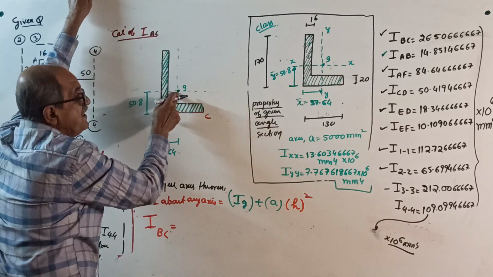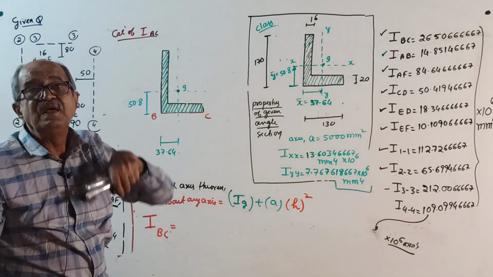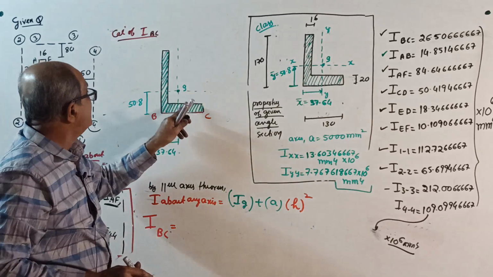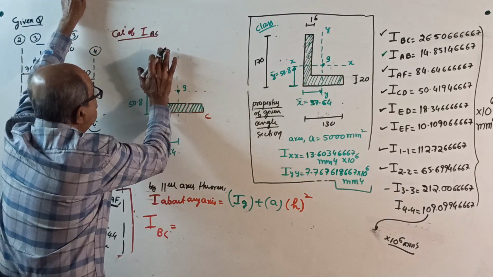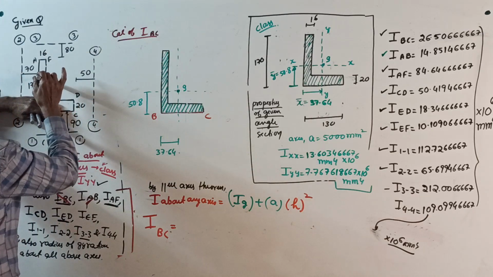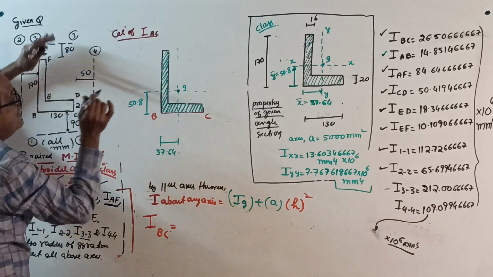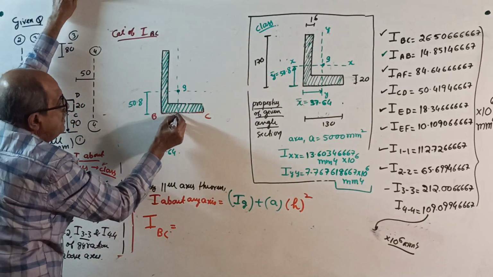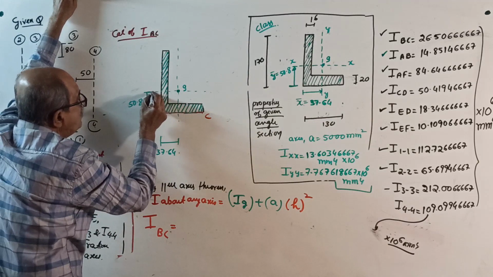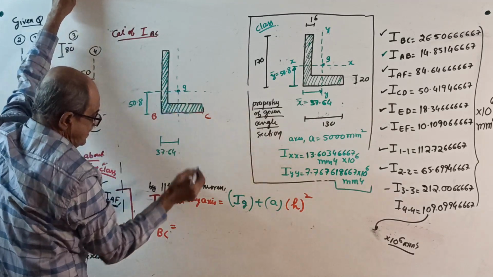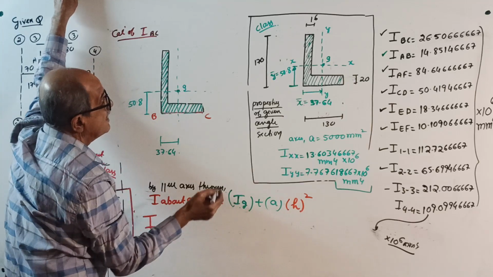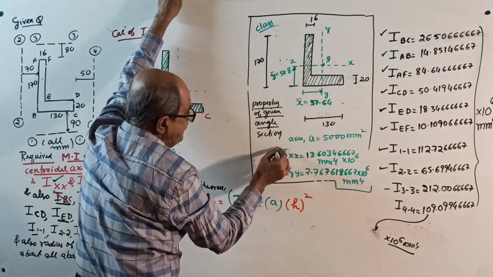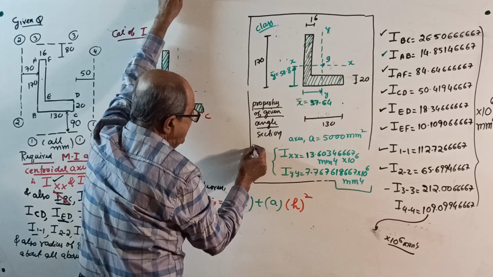This is the centroid for the entire angle, not for the cut. If you divide into parts, one centroid here, one centroid here. But for the entire angle, the centroid is here. If you want I about BC, first I about its own centroidal axis, IG plus A H square. Here, this is already calculated.